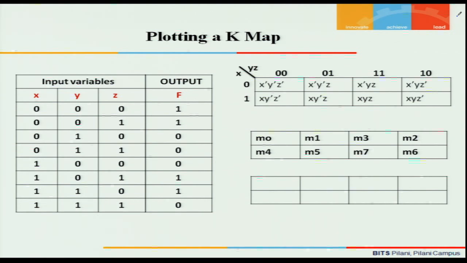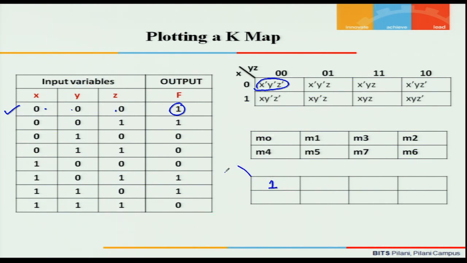But then what do we fill inside those squares? We will fill inside those squares the corresponding output values for the given inputs. That means, for the first row in my table, x equal to 0, y equal to 0, z equal to 0, corresponding to x bar, y bar, z bar in my K map, output value is 1. What we enter in the K map is the output value corresponding to the input combinations.